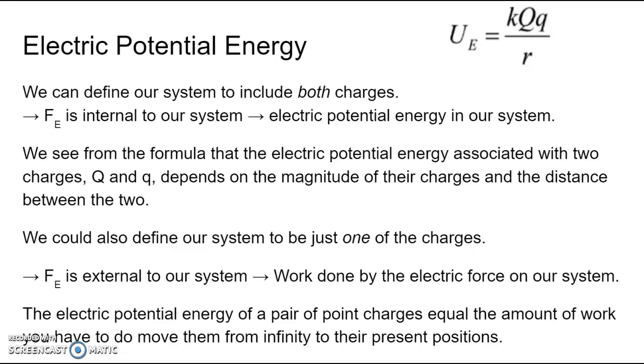We could also define our system to be just one charge. Then the electric force will be external, and instead of electric potential energy, we have the work done by the electric force. The logistics of that are kind of complicated to compute, so I do recommend including both charges in your system and using electric potential energy. It's a lot simpler.